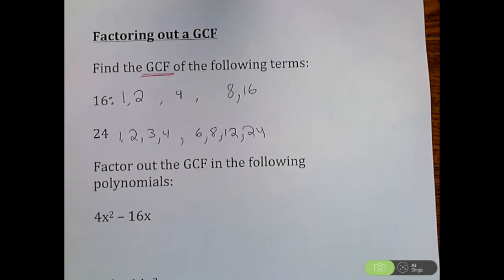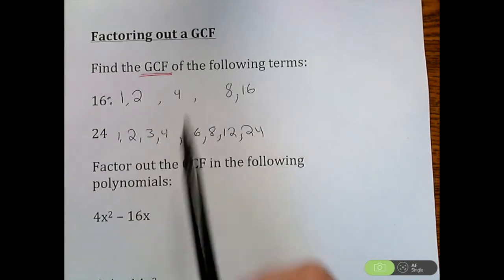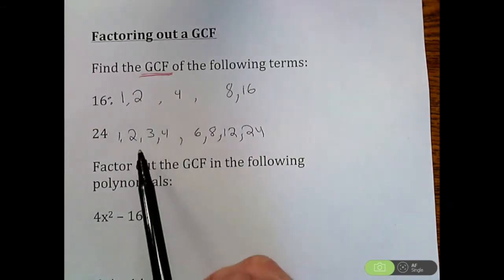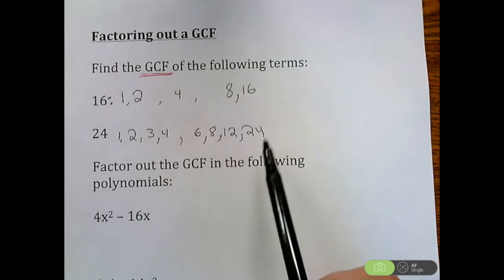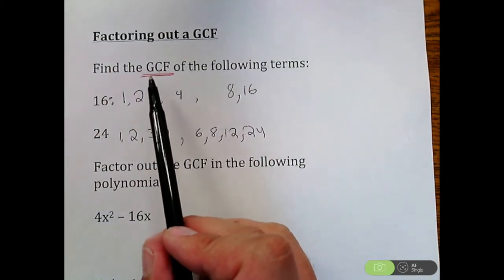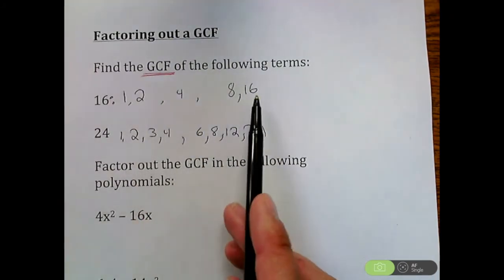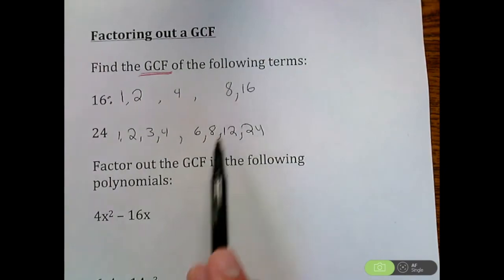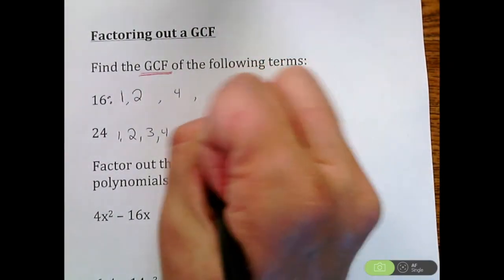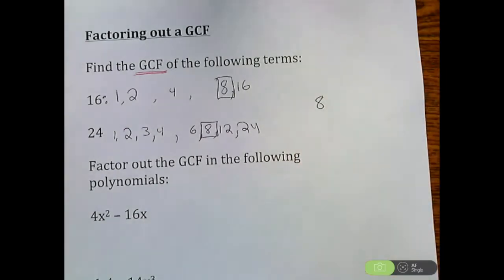The greatest common part is, well, when you talk about common, the C, what both of these have in common. So they both have 1s, they both have 2s, both have 4s, both have 8s, so on and so forth. So that's the common part. The G is for greatest. So we want to find the largest number that both of these have in common. So I'll kind of start up here, 16, not down here, 8, and I see I have 8 in both. So the GCF between 16 and 24 would be 8.